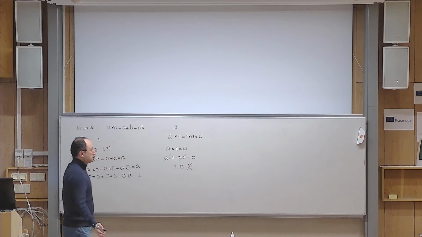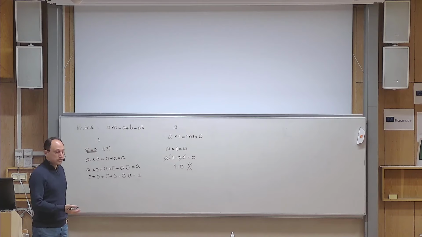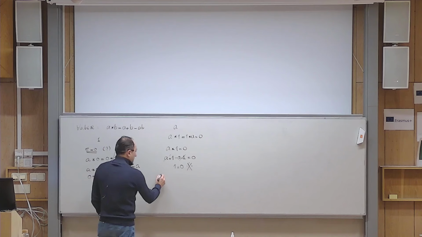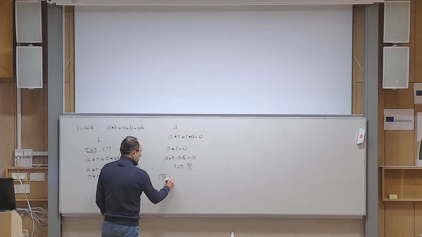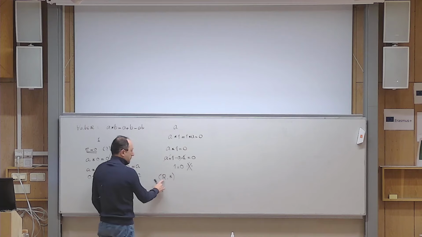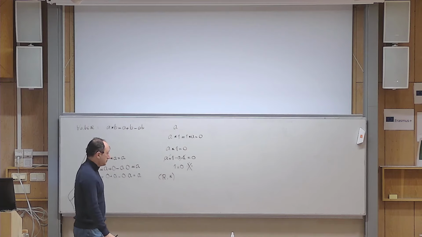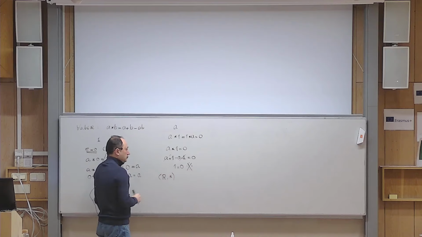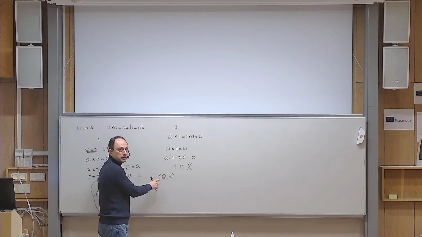So it means that 1 has no inverse. If 1 has no inverse, of course, this ordered pair of a set and a binary operation on it does not form any group, yes? Because at least one element there does not have an inverse.